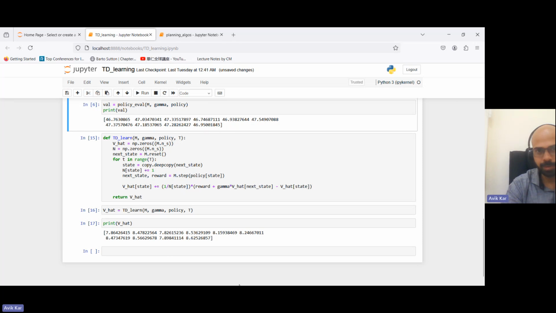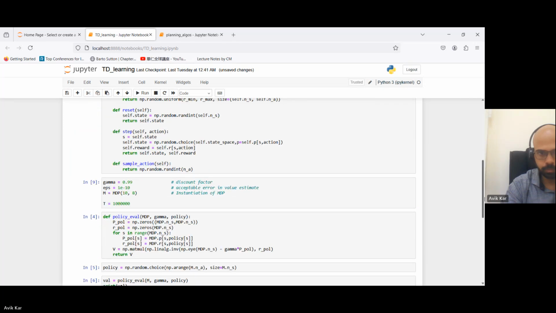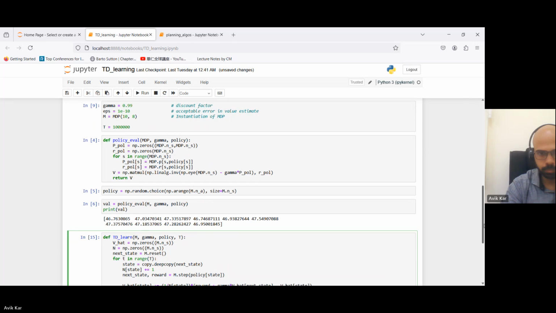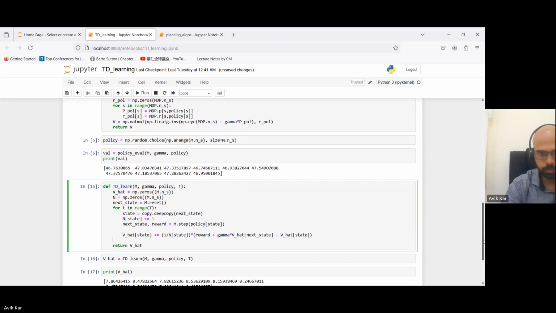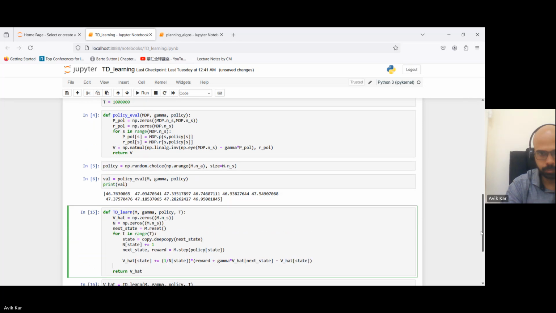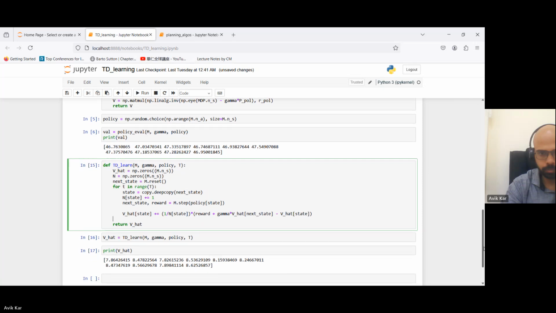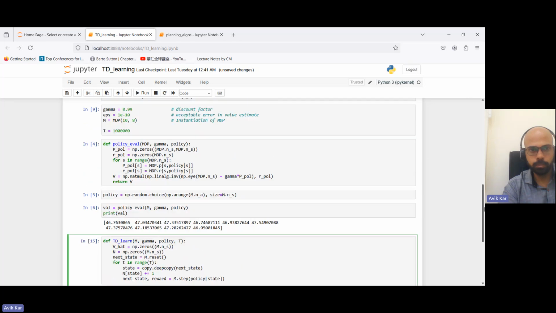It has not matched this at all, so there must be some problem. Oh, sorry. These policies are not the same, is it?